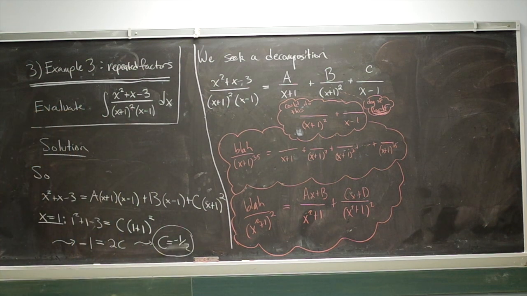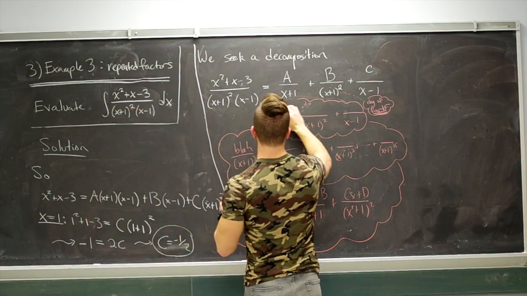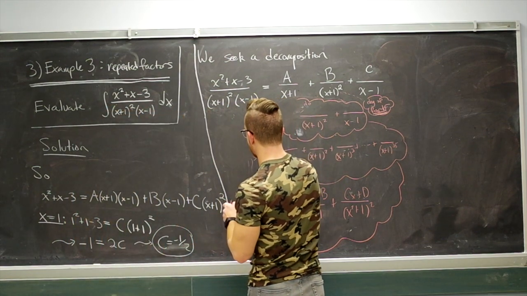Okay. Moving on, we've got another factor, which is x plus 1. The root of that factor is negative 1. Let me keep the decomposition up here just because I know we'll come back to it.